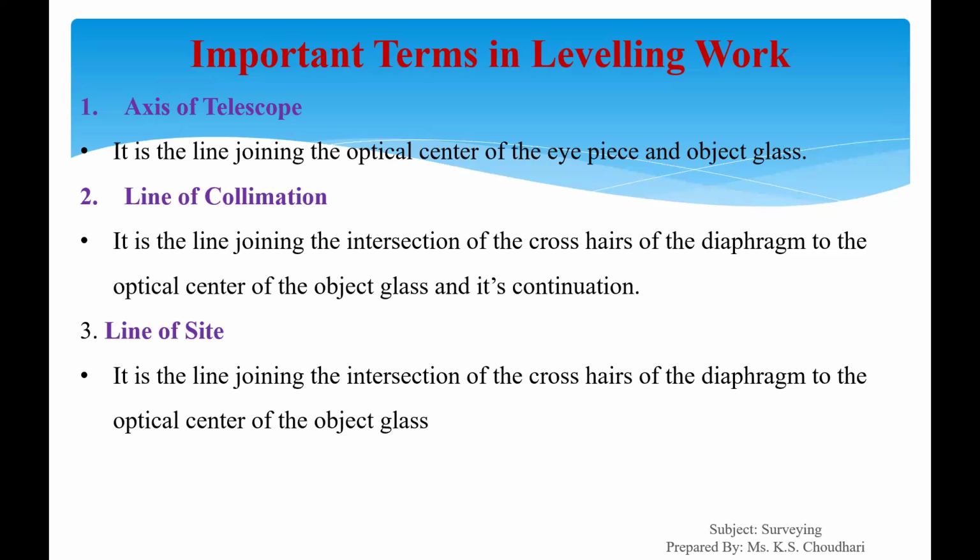It is the line joining the intersection of the crosshairs of the diaphragm to the optical center of the object glass and its continuation. Number three, line of sight. It is the line joining the intersection of the crosshairs of the diaphragm to the optical center of the object glass.